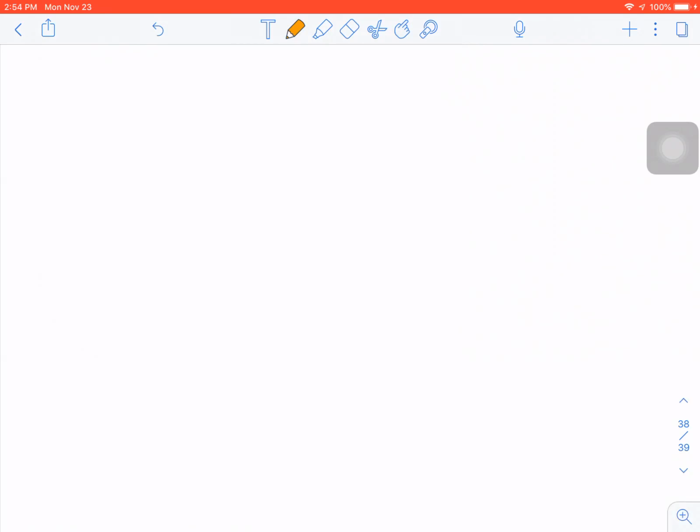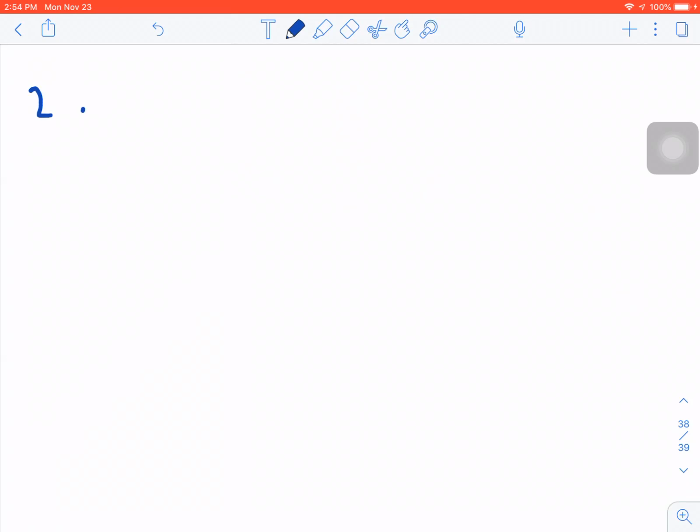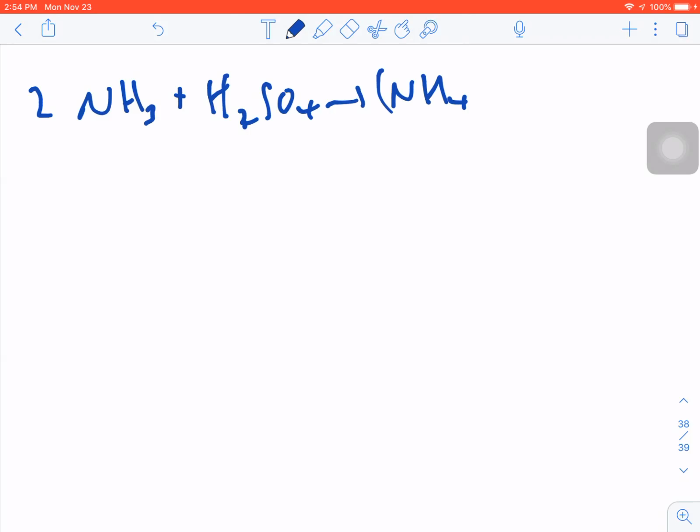Let me go to a different color pen. Two NH3s plus an H2SO4 makes NH4 2SO4. So there's my equation.